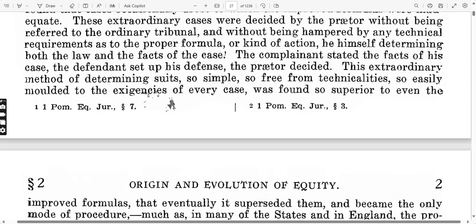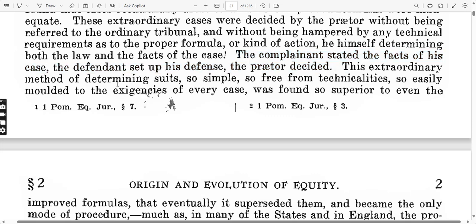The extraordinary cases were decided by the magistrate without being referred to the ordinary tribunal, and without being hampered by any technical requirements as to the proper formula or kind of action, he himself determining both the law and the facts of the case. The complainant stated the facts of his case, and the defendant set up his defense. The praetor decided, the magistrate decided.